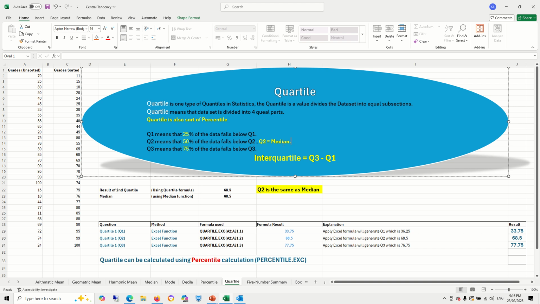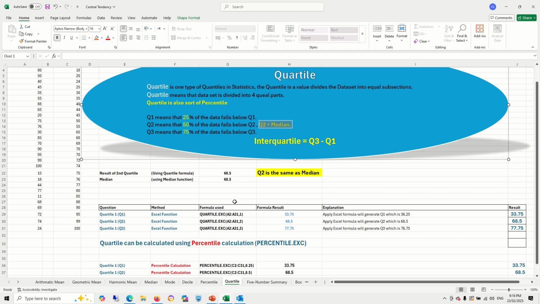At the same time, Q2 equals the median. So now we got to know that the median is the 5th decile and the median is the 50th percentile, and also the median is the second quartile. Okay. Q3 means that 75% of the data falls below Q3.